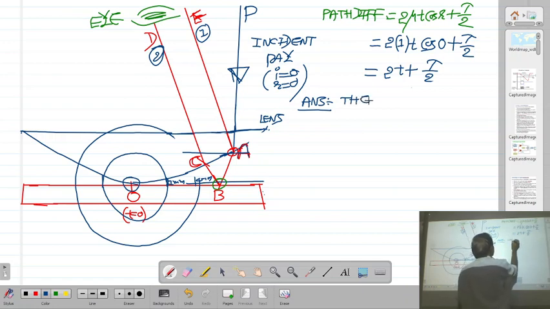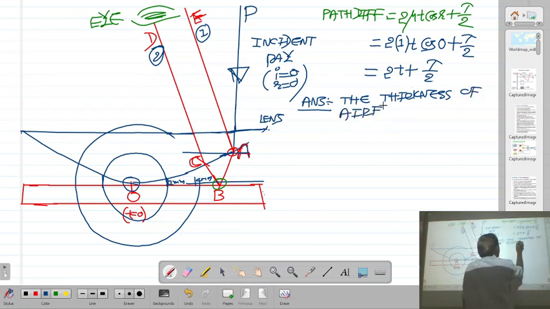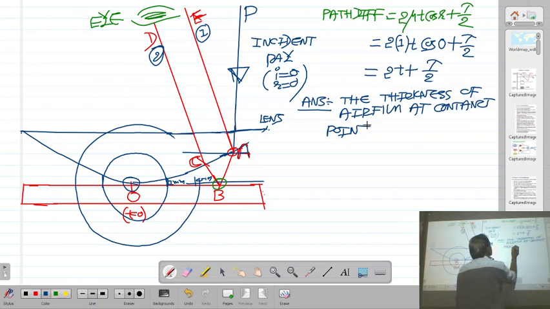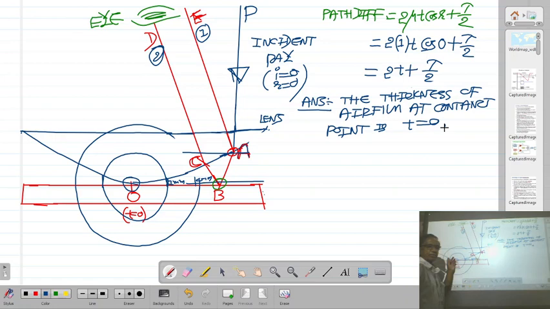The thickness of the air film at the contact point is 0. You can see from the diagram that this is the convex lens put on the plane glass plate. So when the plano convex lens is placed on the optically plane glass plate, at the contact point there is no air, so the thickness of the air film is 0.